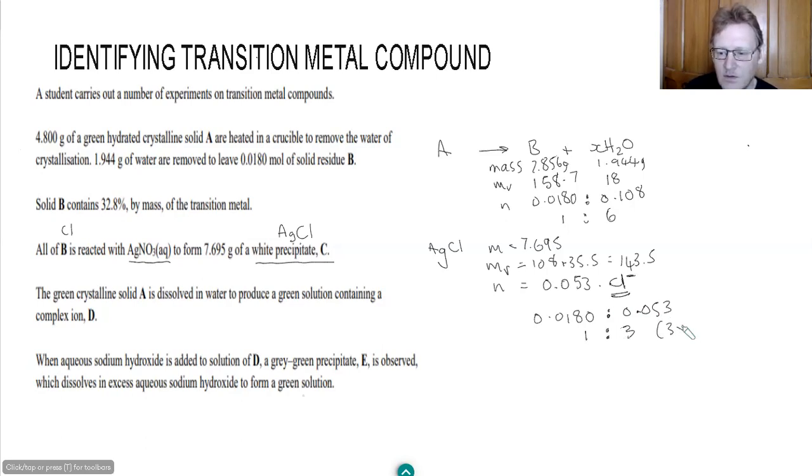So therefore we know we've got 3 chlorines in our formula for B. Now we know the Mr of B is 158.7. If we take away 3 chlorines from that, then we end up with 52.2.